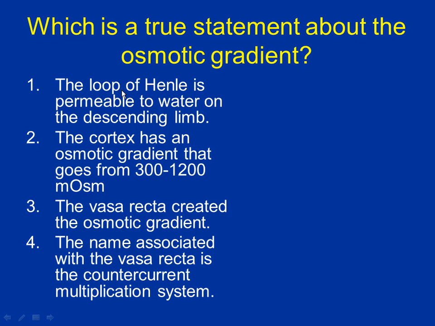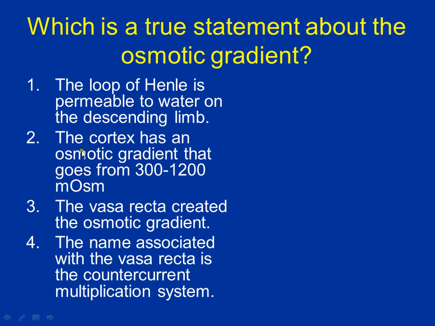The loop of Henle is permeable to water on the descending limb. False. It's permeable to water on what side? Ascending. What's the descending limb permeable to? Oh, what am I talking about? That is right. Sorry, in my mind I was thinking salt. So that one was pretty true. I would have missed that one on the test, because I would have just jumped to conclusions. Anyway, so hopefully the other ones are false.